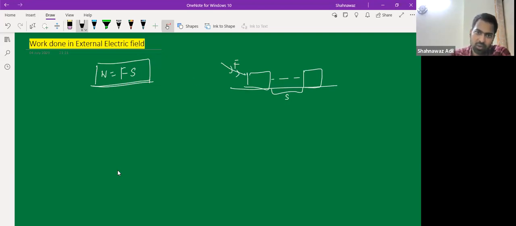Okay, so now you can have two kinds of forces. You can have the uniform or constant force, or you can have variable force.